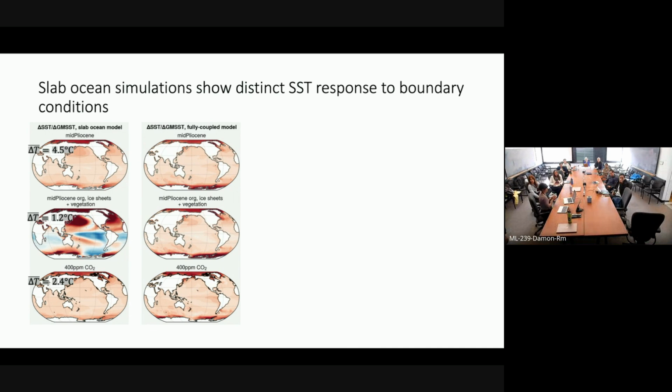So this is telling us that the active ocean dynamics in our fully coupled model are essentially acting to counteract that cooling or warm that sea surface up, and probably through the same atmospheric teleconnections lead to that warming in the tropical Pacific as well, and overall much higher global warming and similar patterns of SSTs between the CO2 and the boundary condition cases.